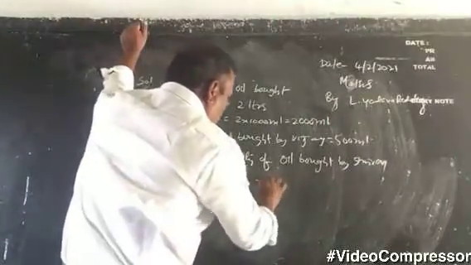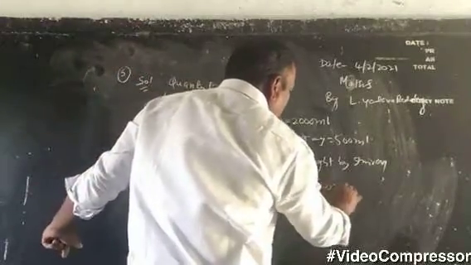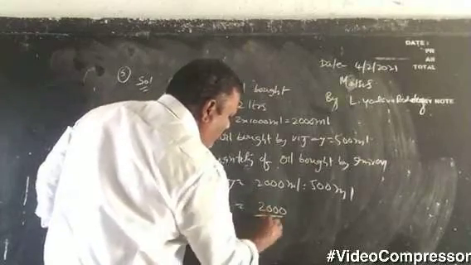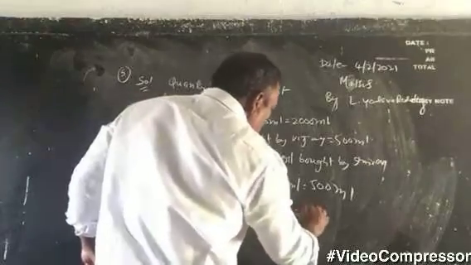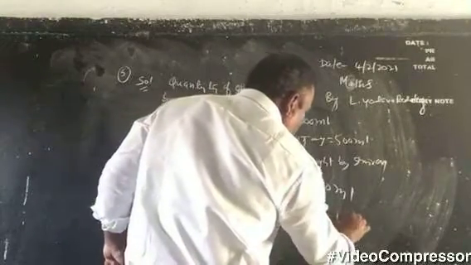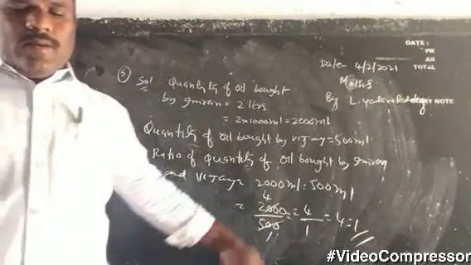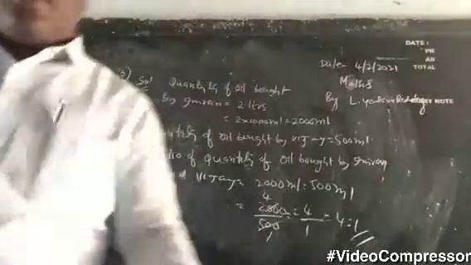Imran 2000 ml is to 500 ml. Now that implies 2000 by 500, dividing by 500 gives 4 by 1, equal to 4 is to 1. So like this we have to do, children. This is the 5th sum.